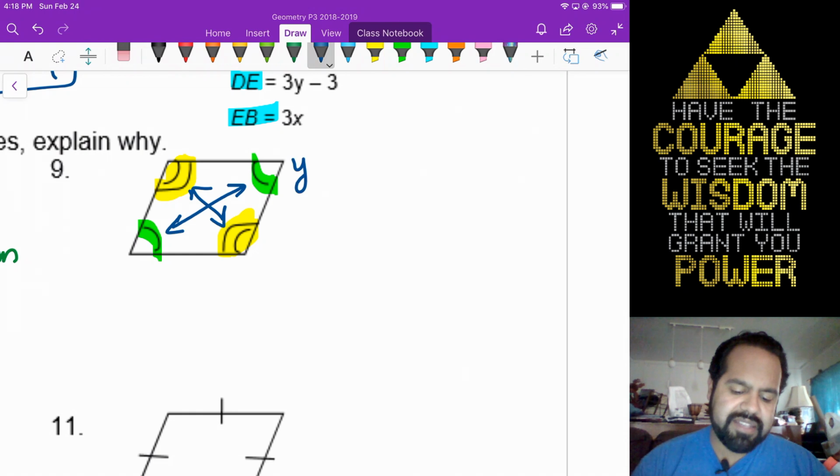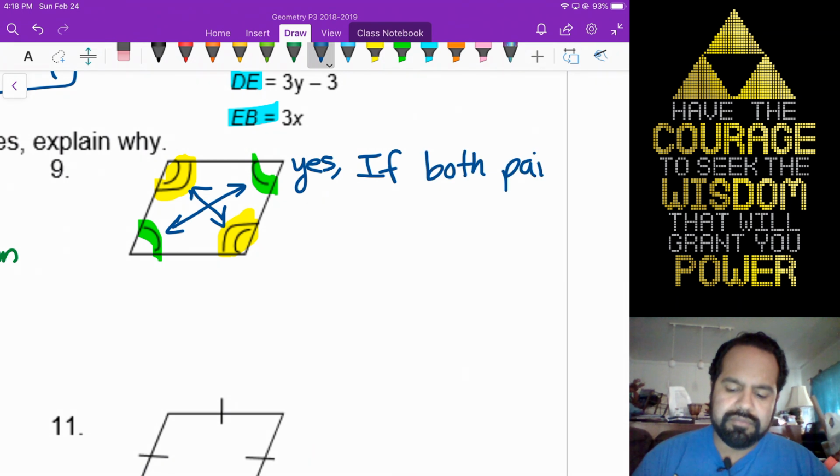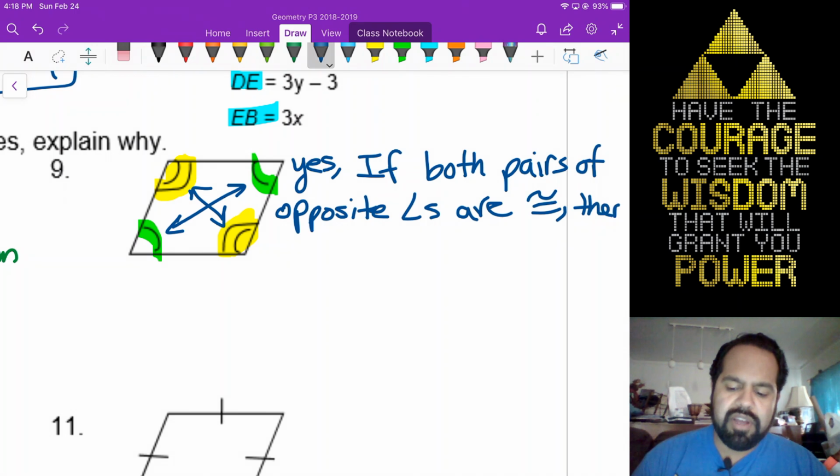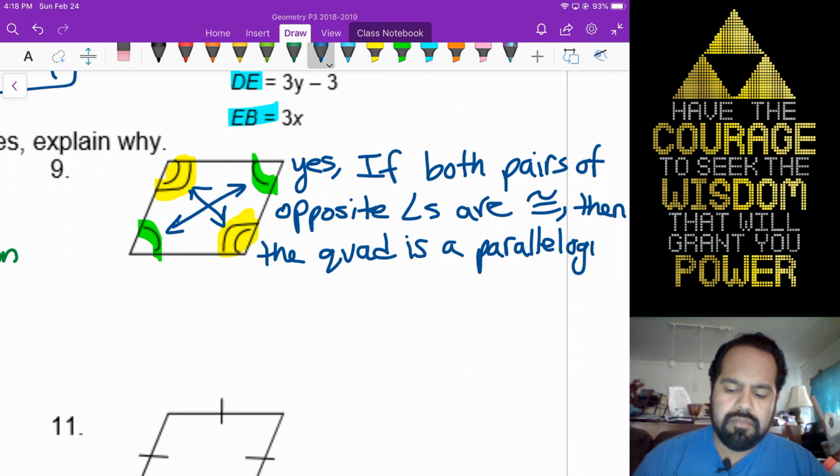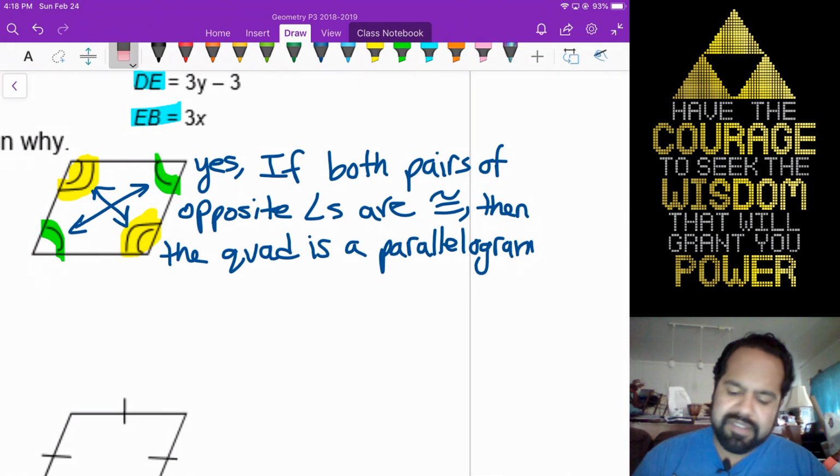So we're going to say yes, if both pairs of opposite angles are congruent, then the quadrilateral is a parallelogram. Sweet. Looking good. Let me fix that last letter.